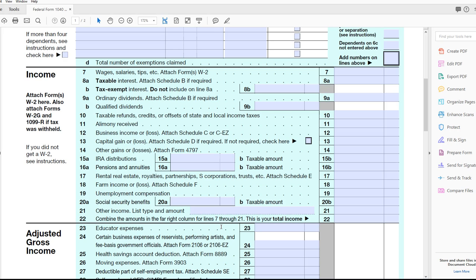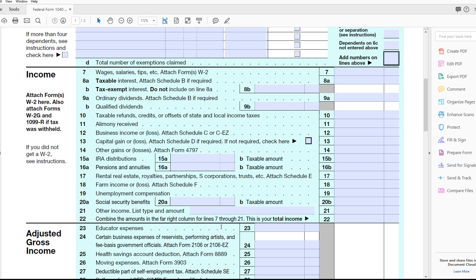Business income, if you have a small business like a bicycle shop or a pizza place or something like that, that is not set up as a corporation or as a partnership. So business income, line 12, would be for a sole proprietor. Capital gains are the amount that you earn when you sell an investment. So if you buy a stock at $100 a share and sell it for $150 a share, you would have a capital gain on that.